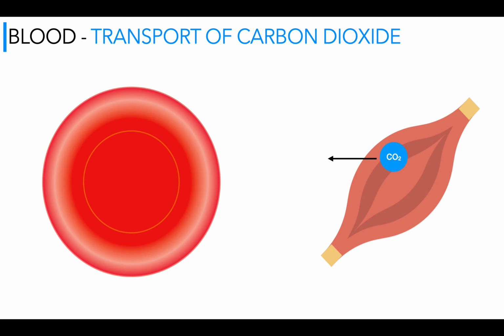We have CO2 in the muscle, and just like oxygen, a small percentage of CO2 is dissolved in blood plasma, around 7%, but we don't need to get hung up on the percentages. We just need to understand that the smallest amount of CO2 is dissolved in blood plasma and transported that way.